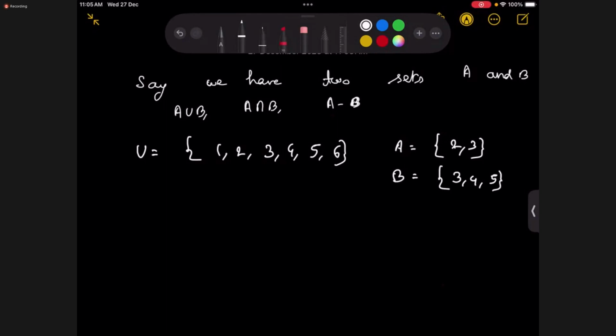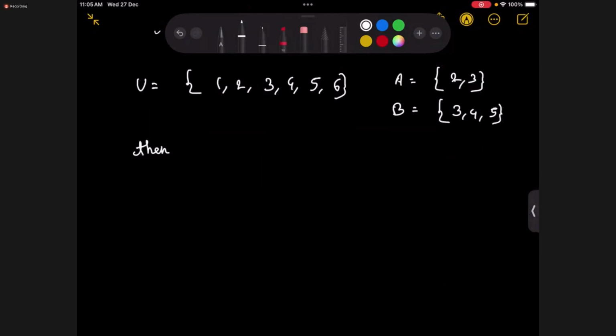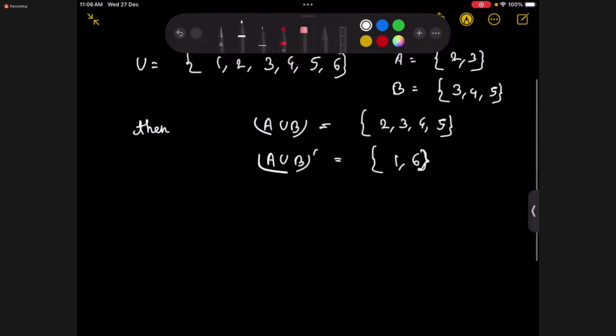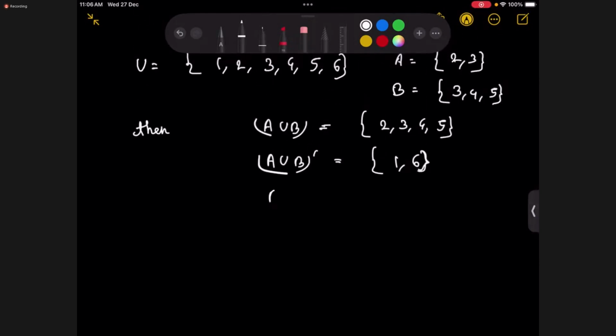Then if we check A union B, this is equal to nothing but {2, 3, 4, 5}. And what about the complement of A union B? This is equal to, 1, 2, 3, 4, 5 is there, so 1 and 6.